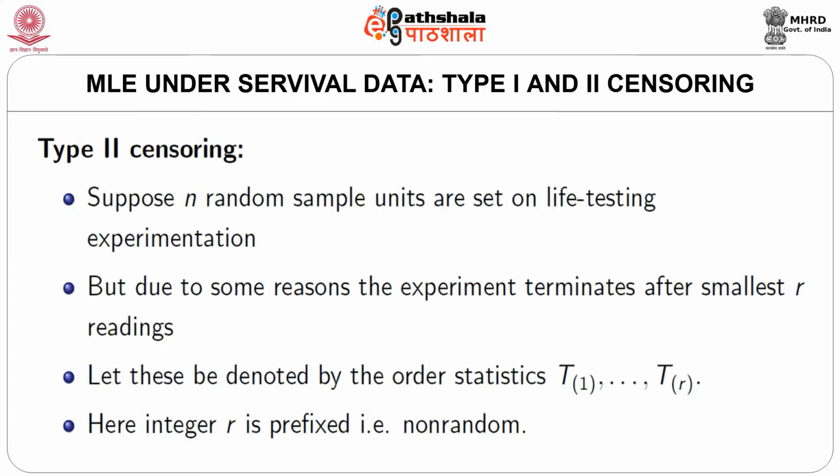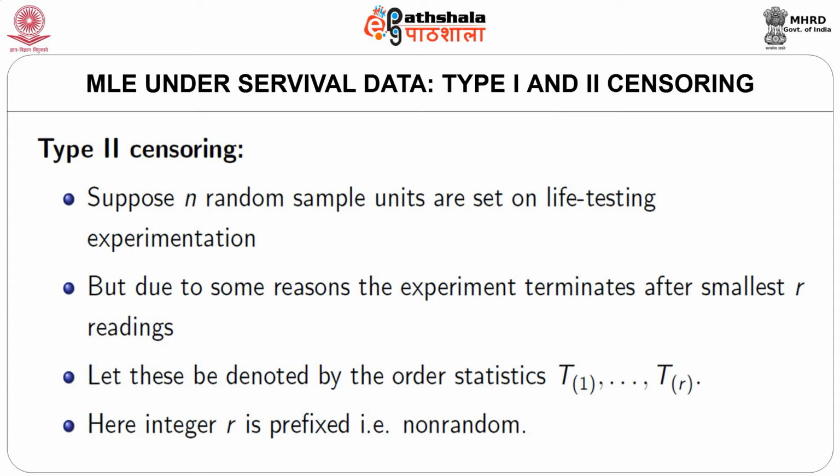Type 2 censoring. Suppose n random sample units are set on life testing experimentation, but due to some reasons the experiment terminates after consideration of the smallest r readings, where r is necessarily less than n. Let this be denoted by the order statistics t order 1, t order 2, etc. up to t order r.